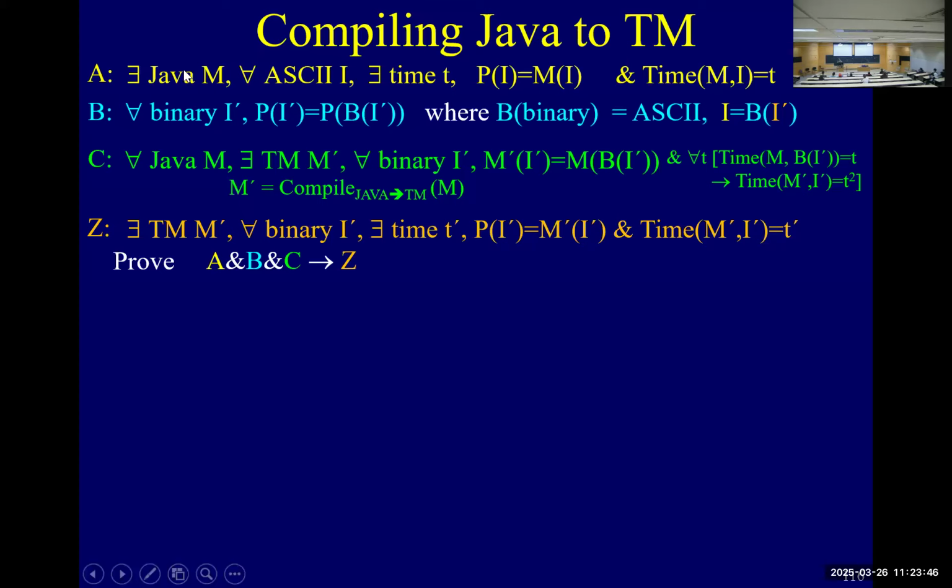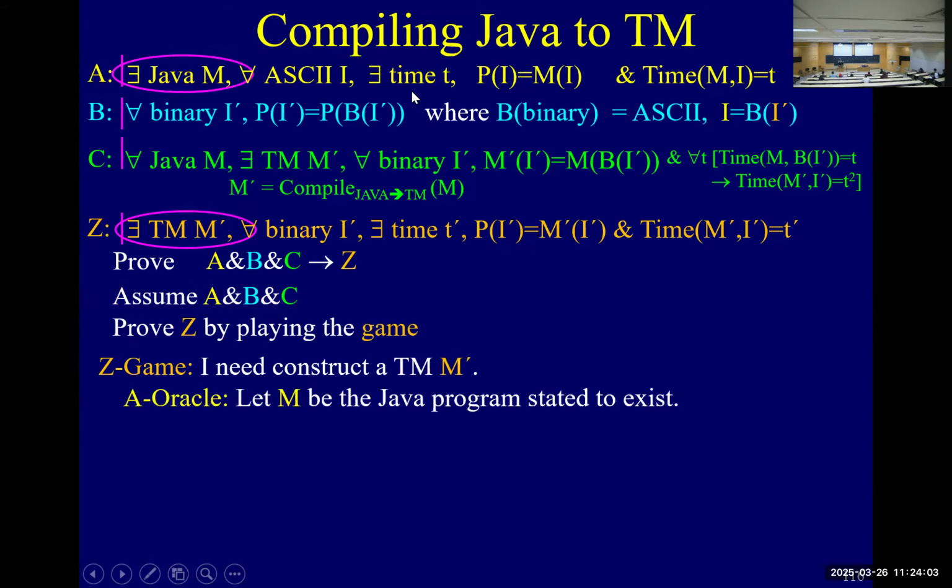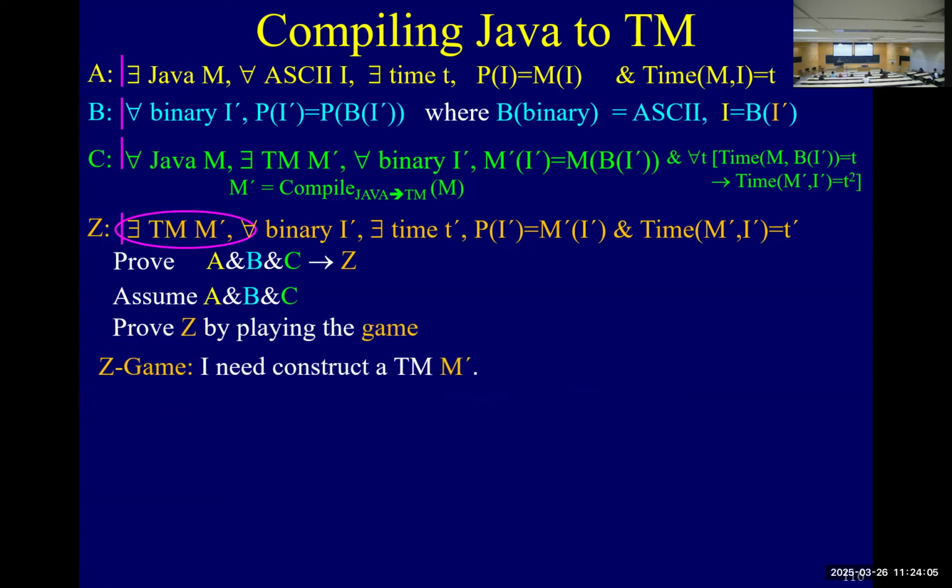Well, who gives me something? A gives me a Java program. What do I do with that Java program? I give that Java program to C. What does C do? She gives me a Turing machine. Here, I can push the buttons.